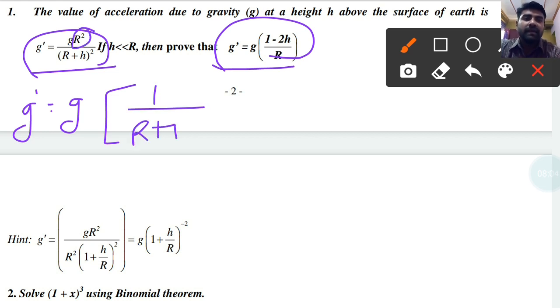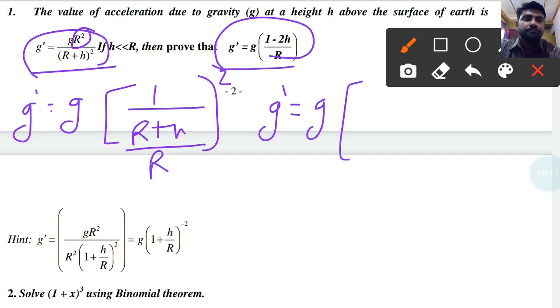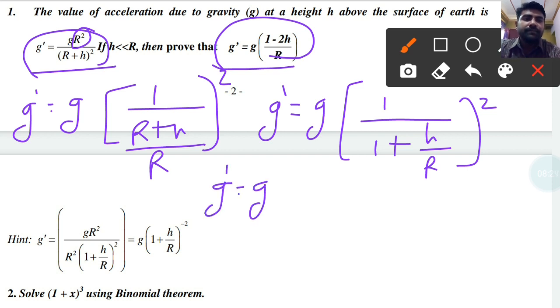So r plus h, I can put into the denominator, so here whole square I can write. So g dash is equal to g, now 1 upon this will be 1 plus h upon r whole squared, right? Now g dash is equal to g into 1 plus h upon r raised to minus 2, right?